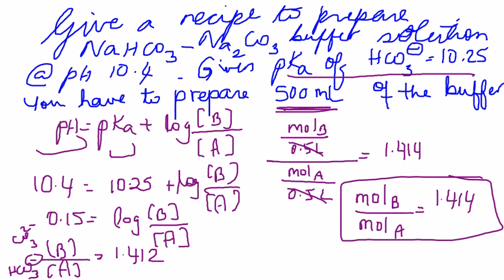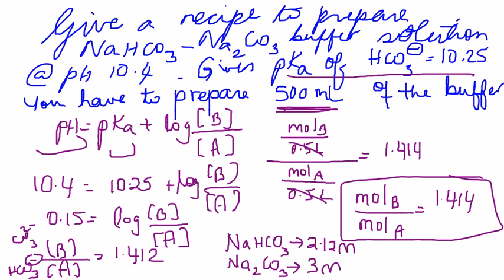Now let's say you were given that sodium bicarbonate, NaHCO3, is given as a 2.12 molar stock solution, and sodium carbonate is given as 3 molar, and hopefully the ratio of 3 divided by 2.12 should be somewhere around 1.414.